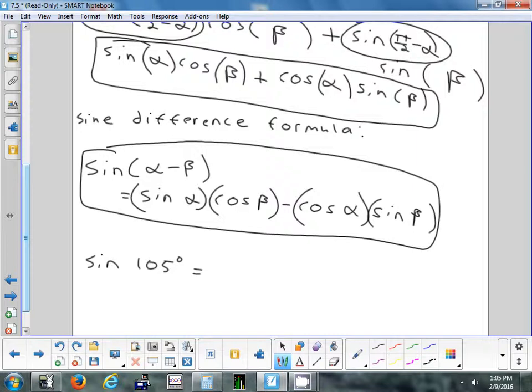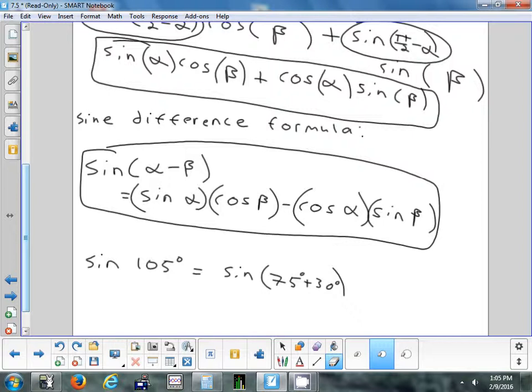Yep. 75 and 30. Okay, now you could, as long as you knew the answer for 75, because 75 is not a multiple of 30 or 45. But if you did that in a previous problem and you already had it, you could use it here. If you didn't have it, then we would want to try to do it a different way.